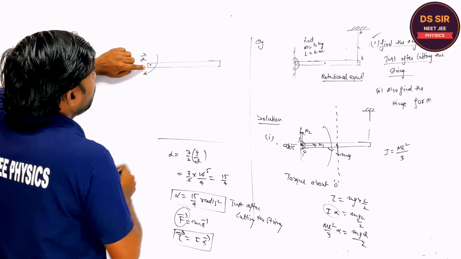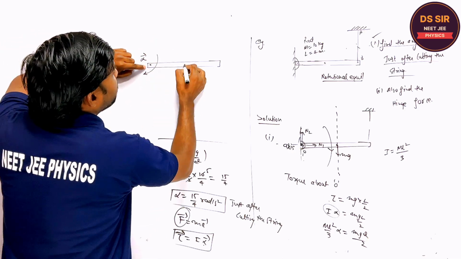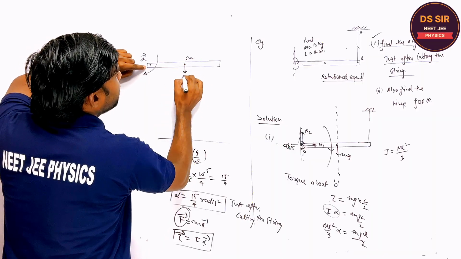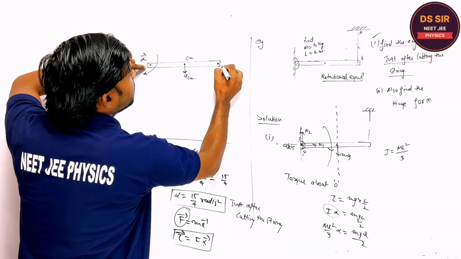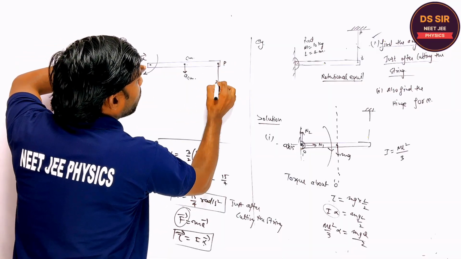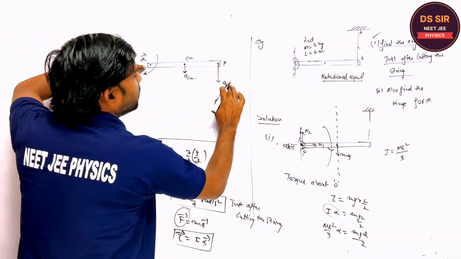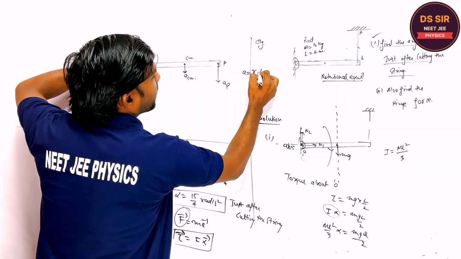Now if a body is rotating with angular acceleration alpha, and this is the center of mass, what will be the acceleration of the center of mass? If I consider this point P and this is the center of mass, you have to find the acceleration. What relation are we going to use? a is equal to R alpha.